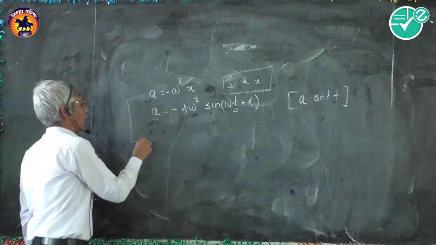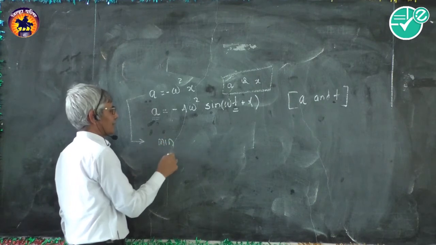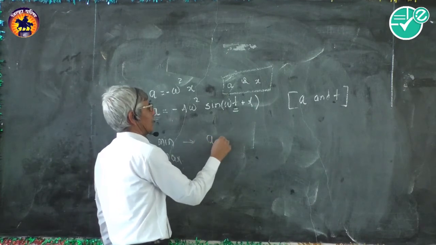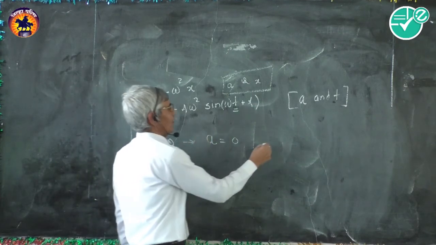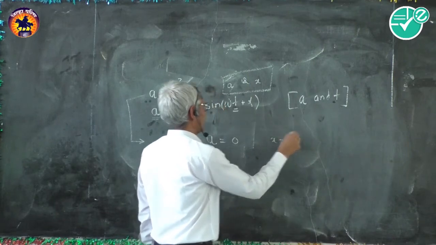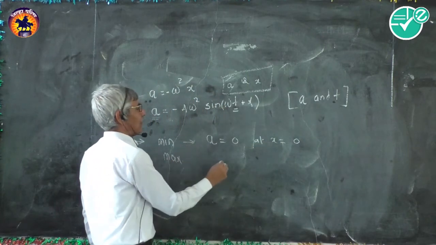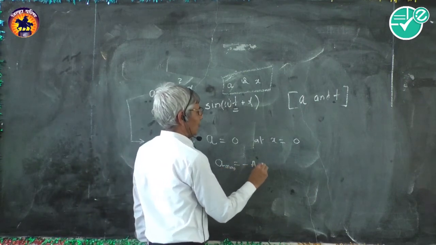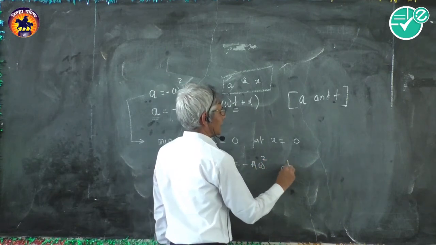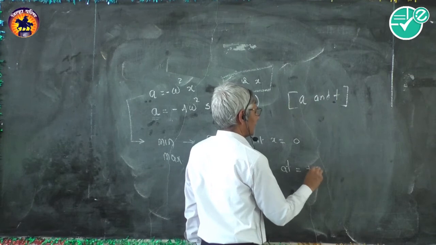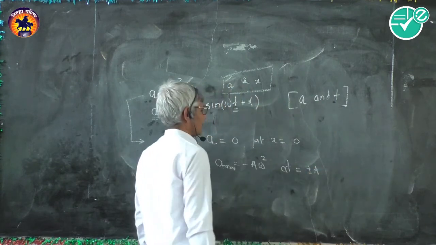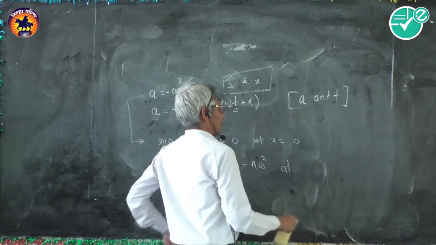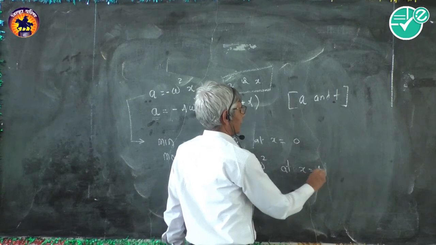From this, we can have the minimum and maximum value of the acceleration. The minimum value of the acceleration will be 0 when the particle is at the mean position, and the maximum value of the acceleration will be minus A omega square at x equal to plus or minus A, that is, at either extreme position.